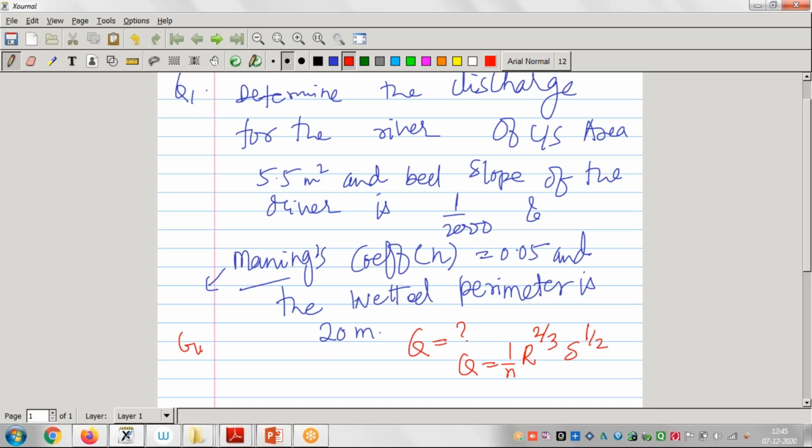First of all, we will write down the given data. Area is given as 5.5 meter square. Perimeter P is given as 20 meter.